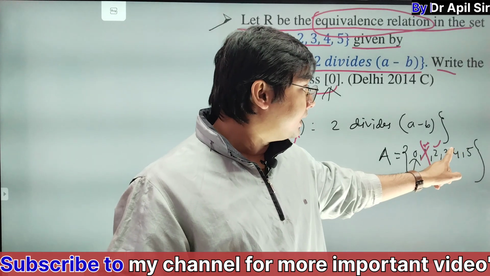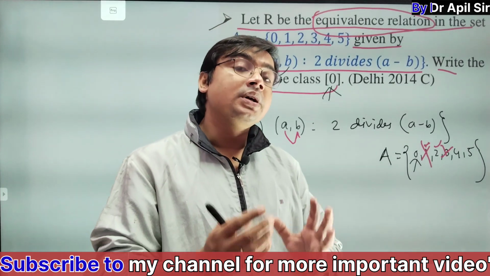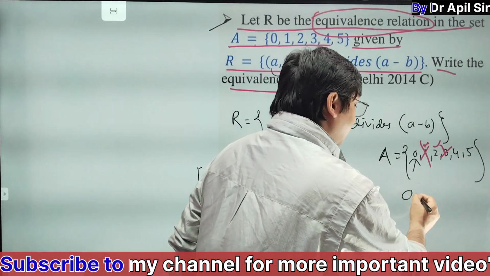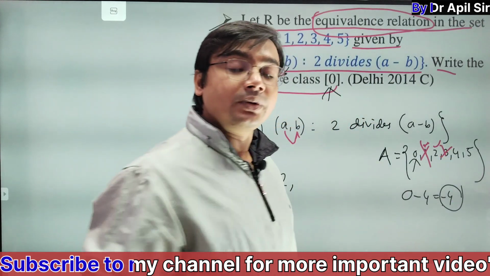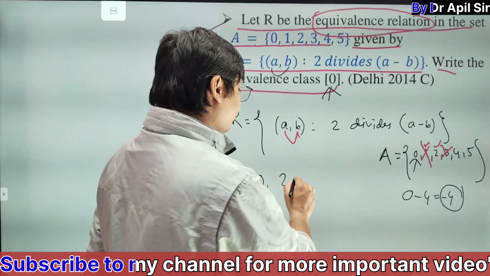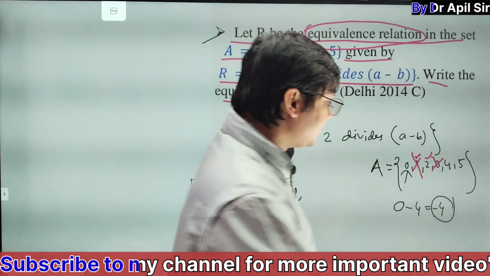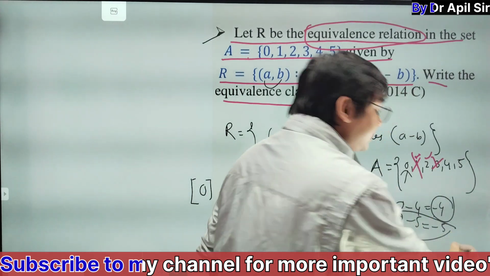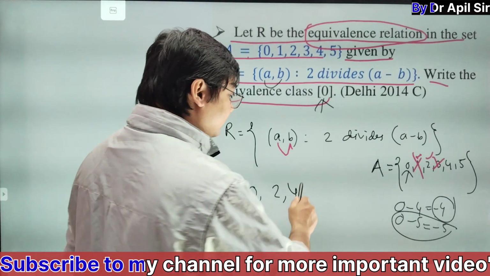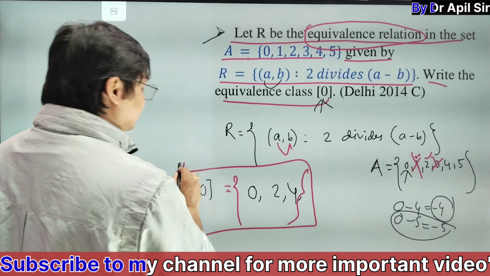No, so 3 will not be there. Similarly, check for 4: 0 minus 4 is minus 4, which is divisible by 2, so 4 will be there. But 5 will not be there. Why? Because 0 minus 5 is minus 5, which is not divisible by 2, so 5 will not be there. So this is the equivalence class of 0.